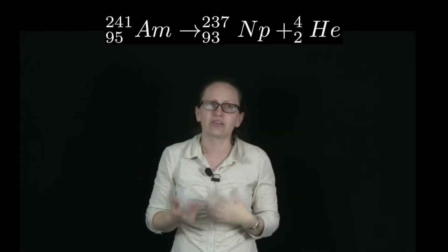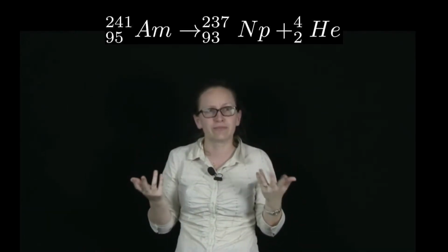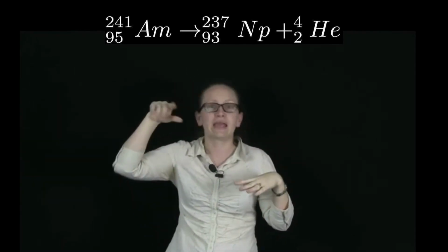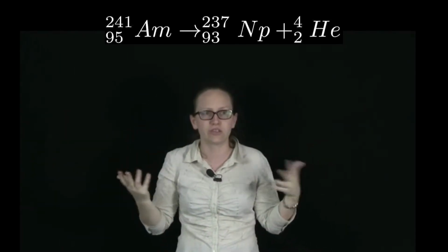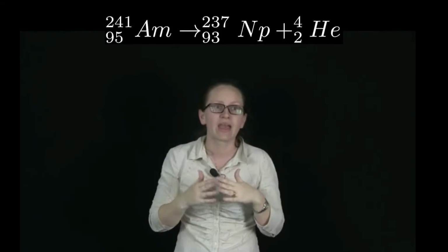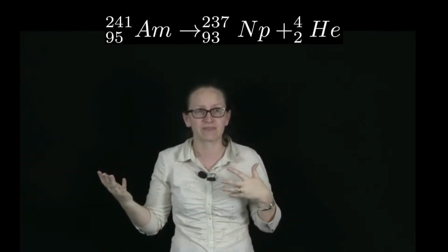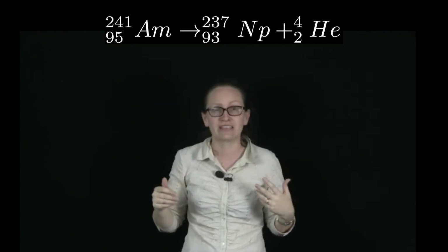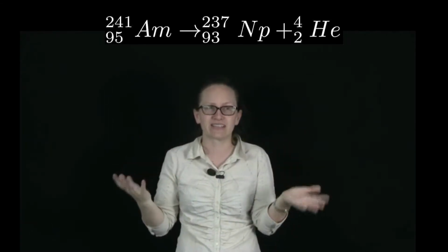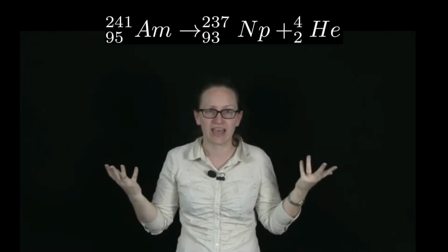The 93rd element is neptunium, so we have Np as the symbol that is used for neptunium, and then you can see that the mass number needs to be 241 minus 4, so that gives us 237. So now we've written down the equation for the decay of americium-241.